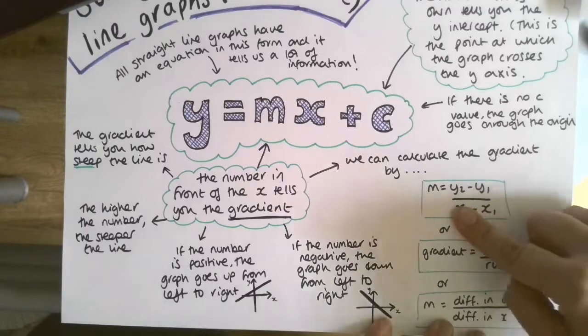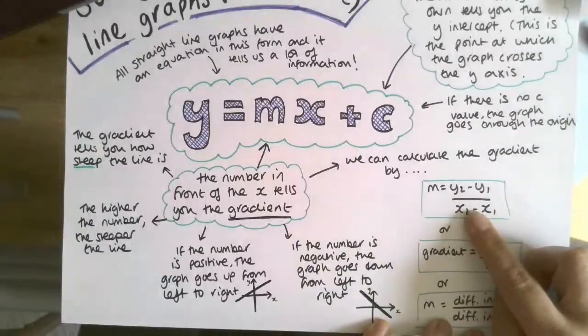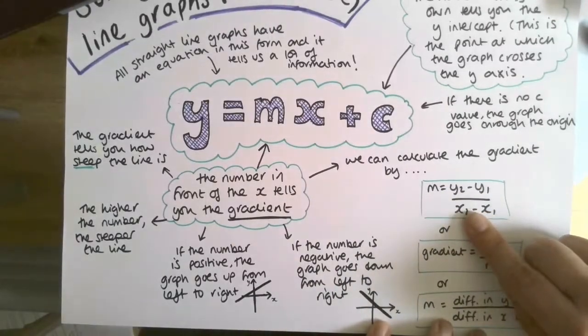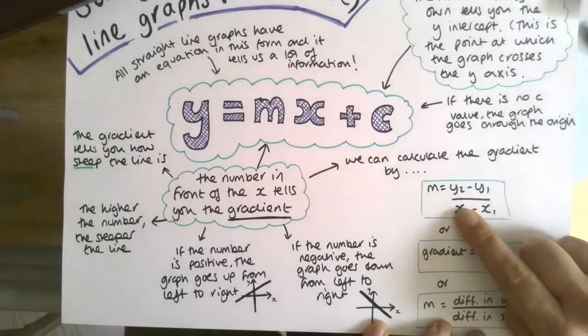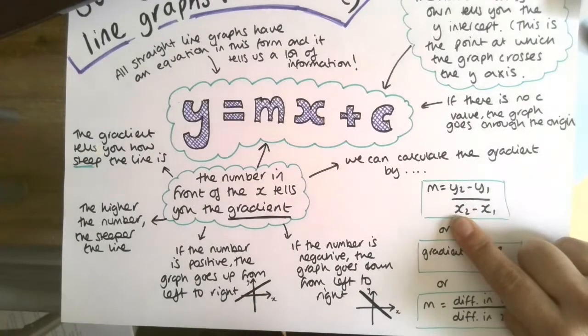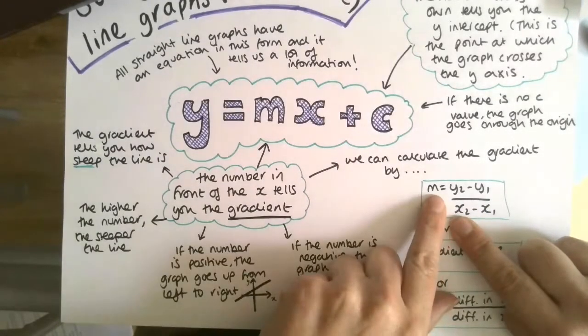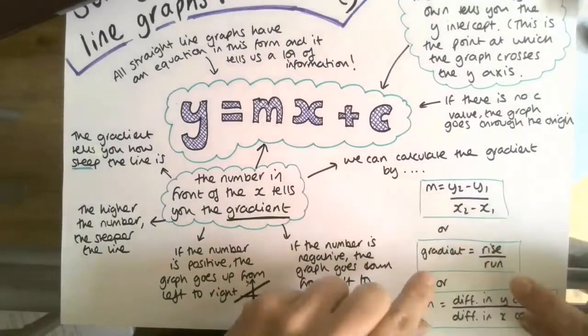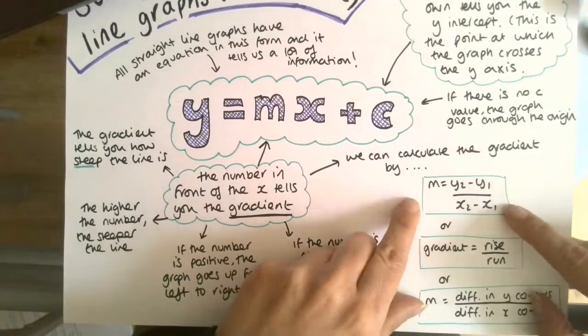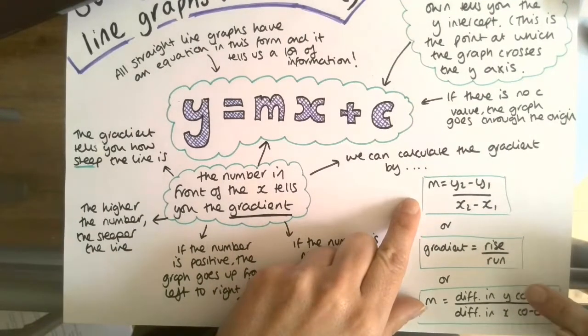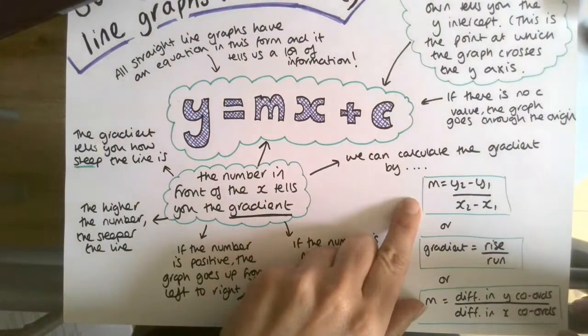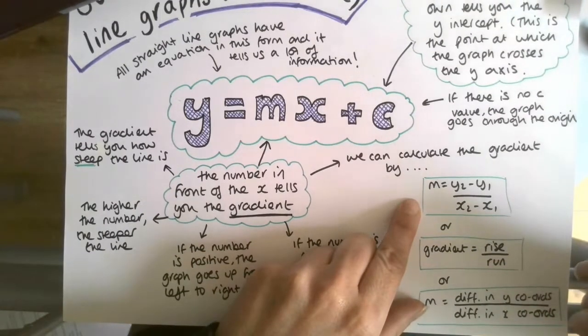Now the reason I say that this one will always work is because this one will tell you, if you do the maths right obviously, whether your gradient has come out as a minus number or not. These other two are just different ways of doing this, but if you're not super careful with these, you might end up accidentally writing down a gradient as positive when it should be negative.